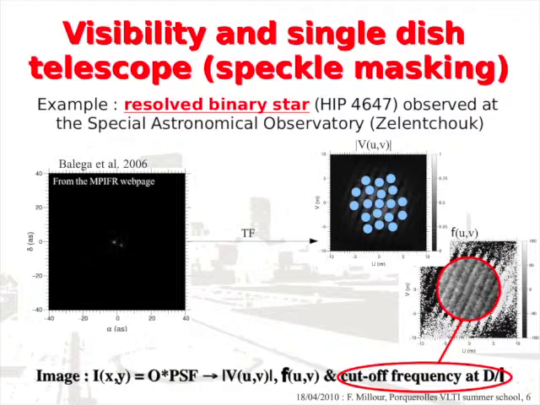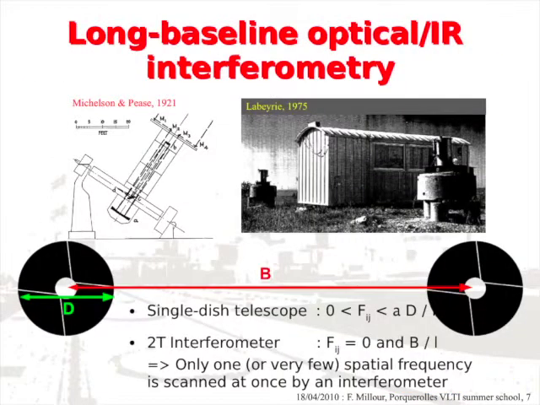That's exactly what an interferometer does, except that you do not have many points, but you have just 2, sorry, which corresponds to one telescope here and one telescope there, and it corresponds to the spatial frequency probed by the baseline of the interferometer.